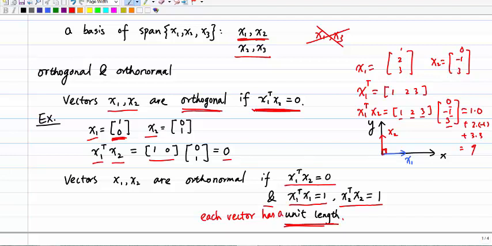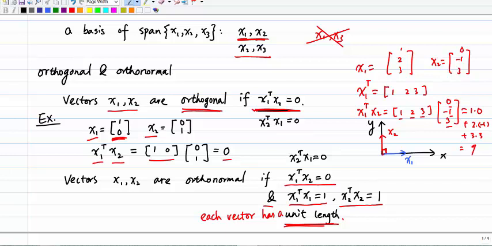The other one you can also say is x2 transpose times x1 is 0. They're equivalent; it doesn't matter, you can just swap it. Okay. So that's the definition of orthogonal.